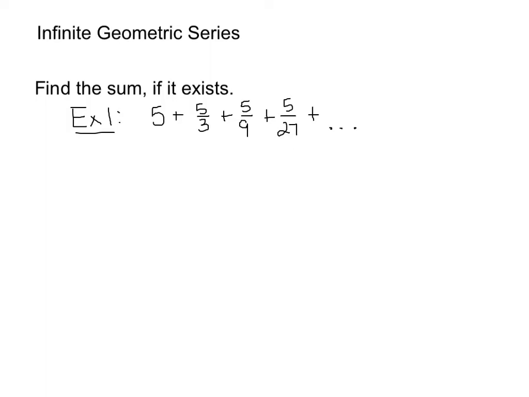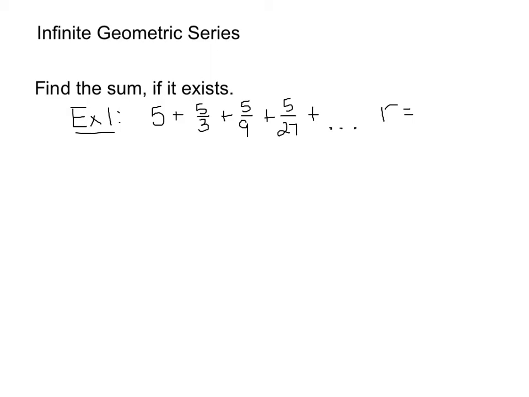We have the series 5 plus 5/3 plus 5/9 plus 5/27 plus, and it goes on forever. The first thing you want to do is figure out what the rate is. What is it changing by? We need to find out what the r is.